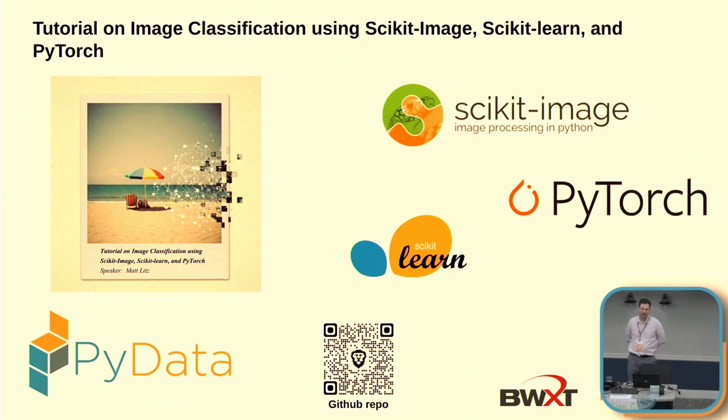Okay, good morning, everyone. So today we're going to talk about image classification with a lot of the NumFOCUS packages that they sponsor, like Scikit-Image, Scikit-learn, and then also discuss using those tools in PyTorch and look at different ways we can use machine learning from Gaussian processes all the way down to convolutional neural networks.